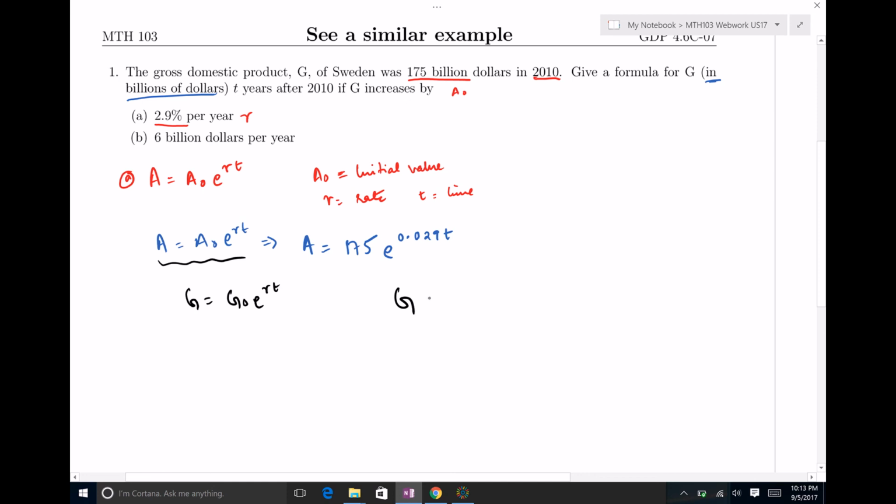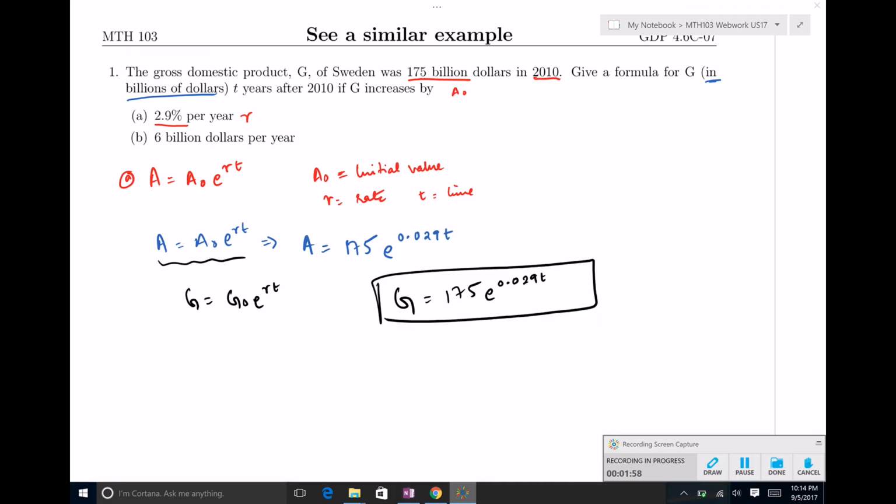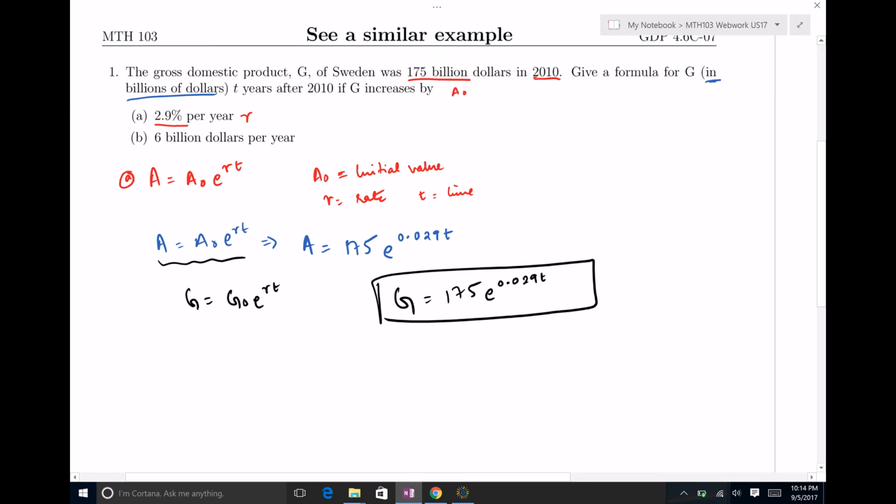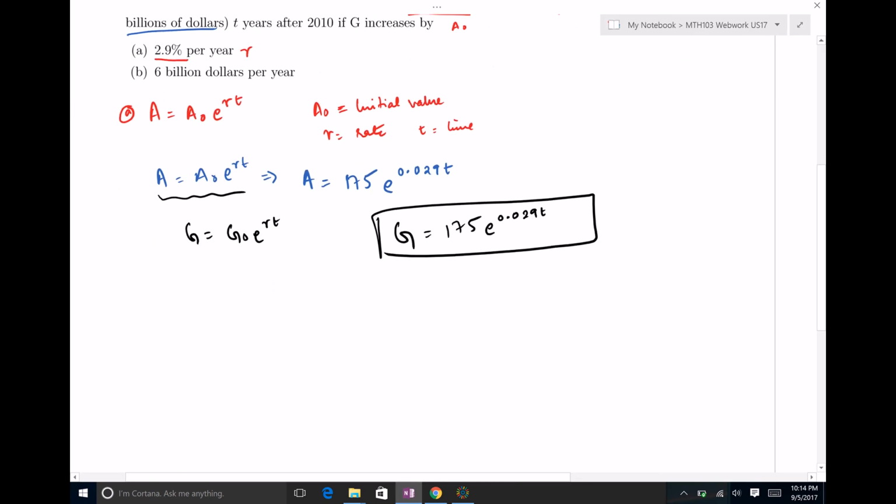So my formula is given by G equals 175 e to the 0.029 times t.